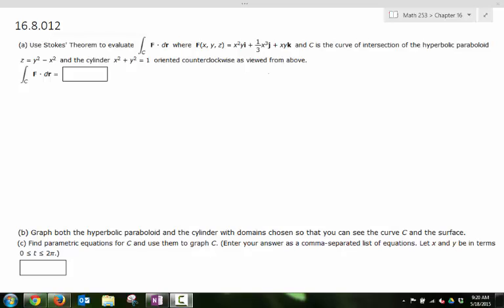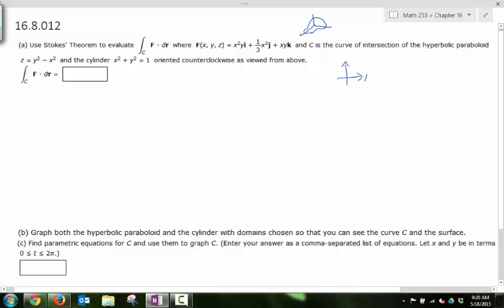If we remember, the hyperbolic paraboloid is like a Pringle-type saddle shape. And if we look at it from the top, we see the xy plane oriented counterclockwise.